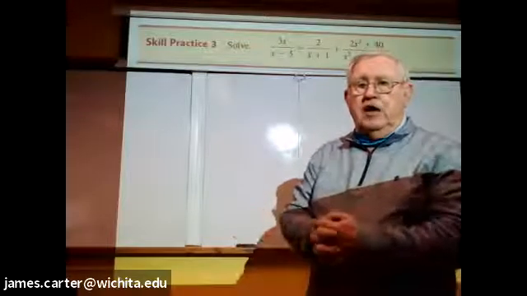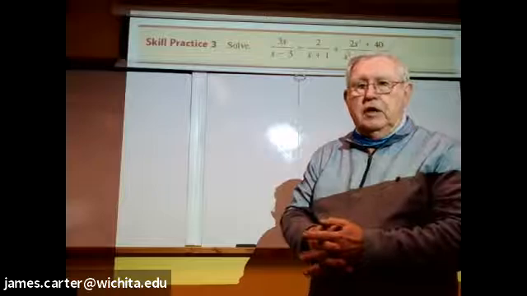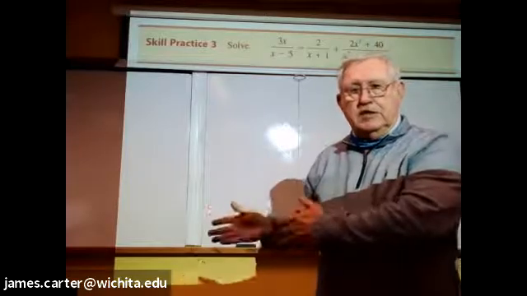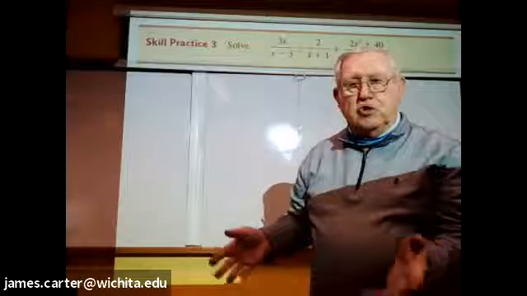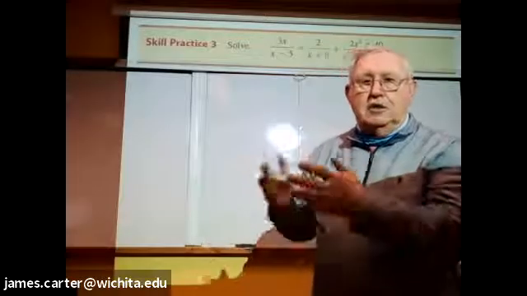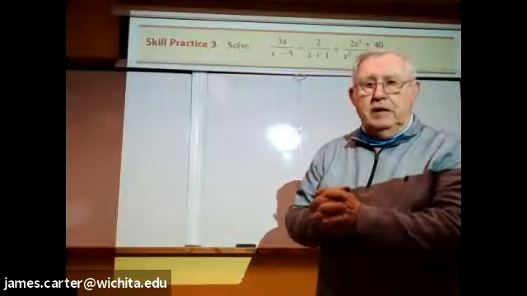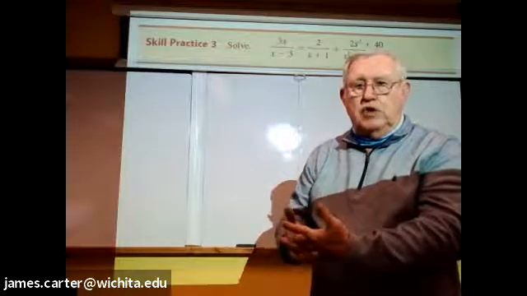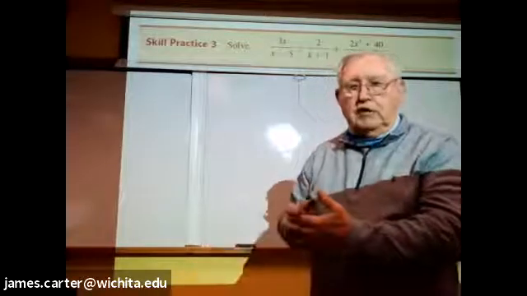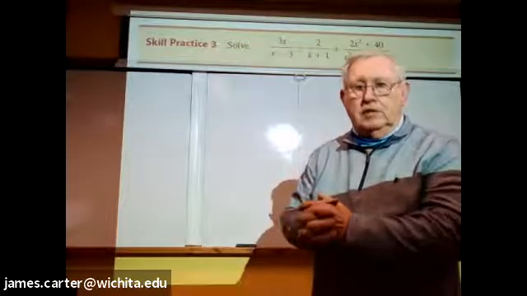Well, after you've found your common denominator, you multiply it times every term. Then you distribute, simplify, cancel wherever you can, and then get it down to a simple equation to once again factor and solve.